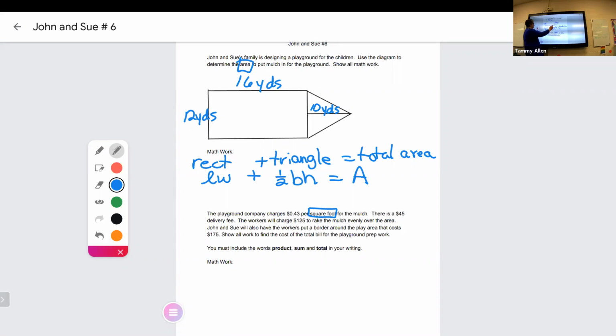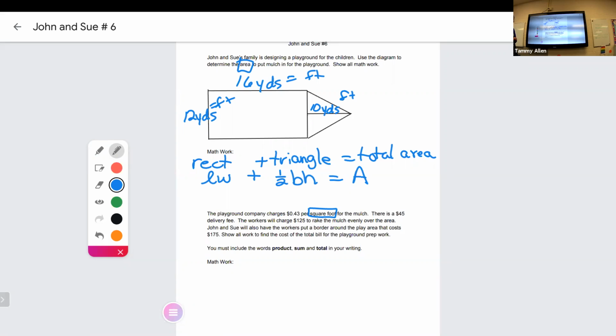Yeah, I would change all of this to feet before I do anything, so that when you get your total area, it's already in feet. Does that make sense? Okay. So somewhere in here, you're going to need to show me your work for changing it over to feet.